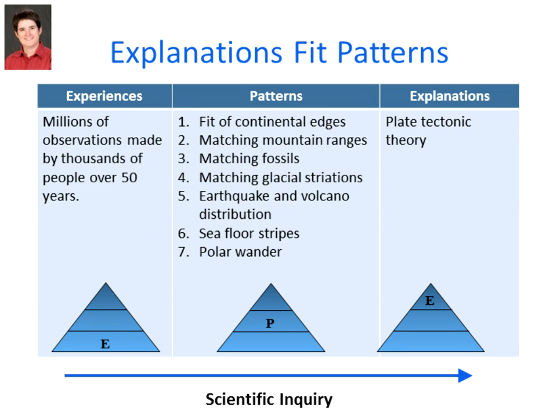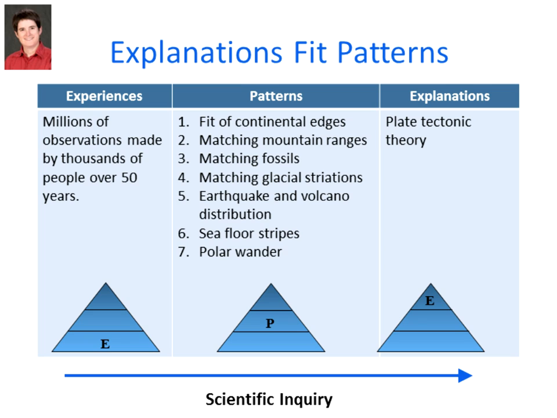And so we can kind of put this together into what I call an EPE table, which is a way of thinking about experiences, patterns, and explanations, and the relationships among those three. So we start off with millions of observations made over at least 50, probably more than that, years by thousands of people.